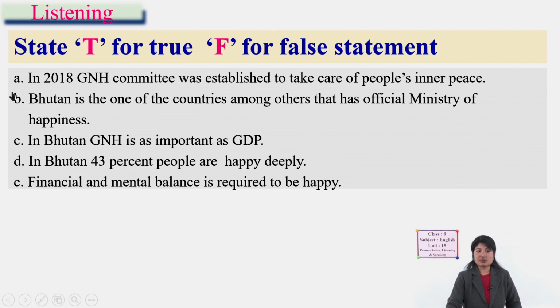B. Bhutan is one of the countries that has an official ministry of happiness. C. In Bhutan, GNH is as important as GDP. D. In Bhutan, 43% of people are deeply happy. E. Financial and mental balance is required to be happy.